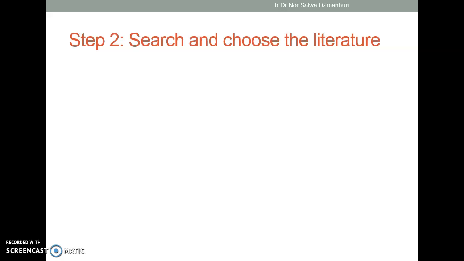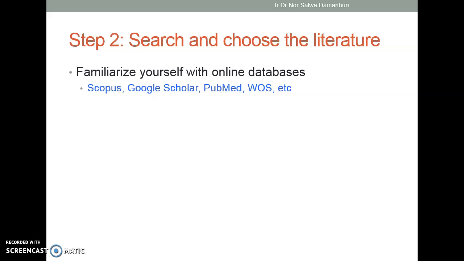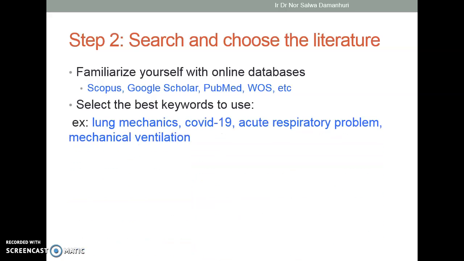Step 2 is search and choose the relevant literature. First of all, you have to familiarize yourself with online databases on how you are going to collect all the literature related to your topic. You can use Scopus, Google Scholar, PubMed, or Web of Science, and others. Then select the best keywords related to your research topic, for example, lung mechanics, COVID-19, acute respiratory problem, mechanical ventilation.